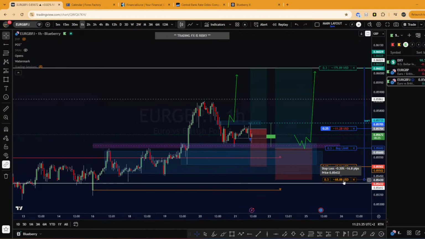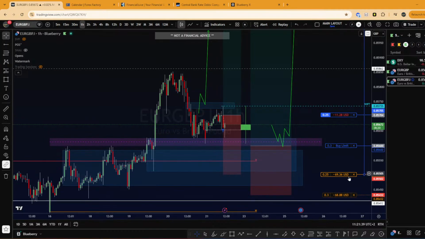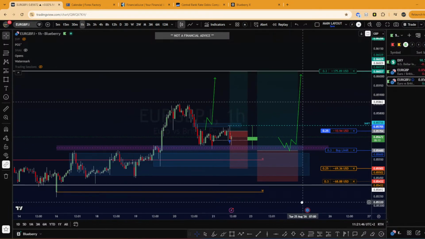Risk is pretty much around the same amount, so I double the risk. I will make the same on my challenge account.